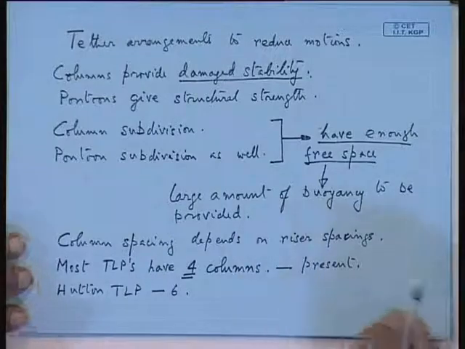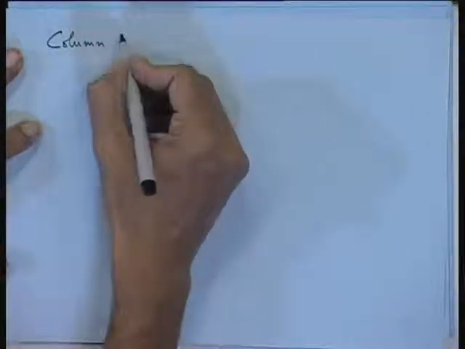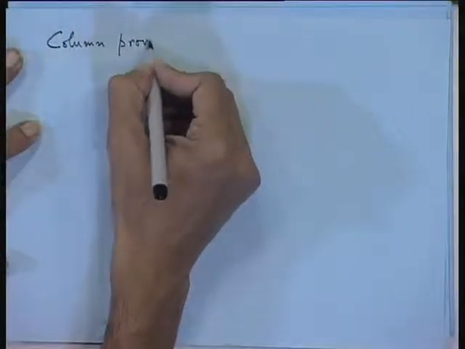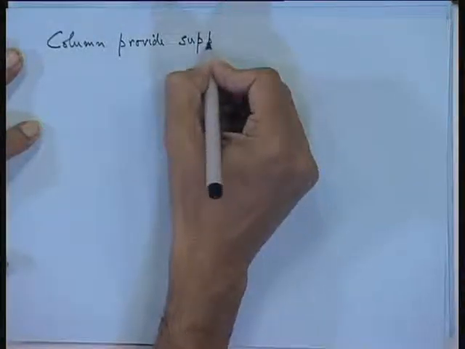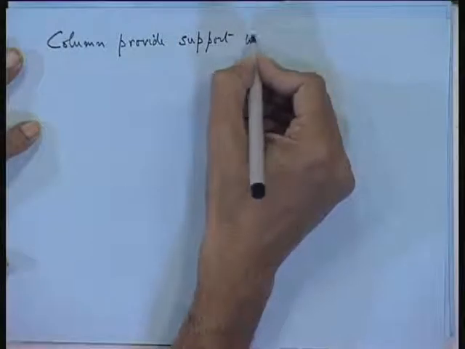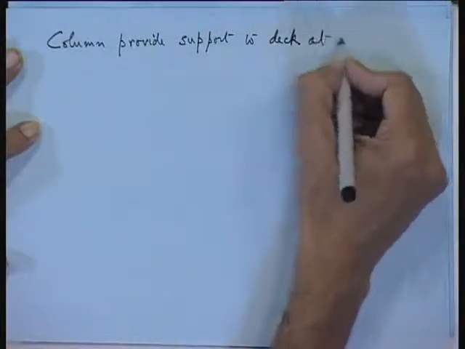So, the columns will provide damage stability, and what else are they providing? Columns provide support to the deck at 4 corners.